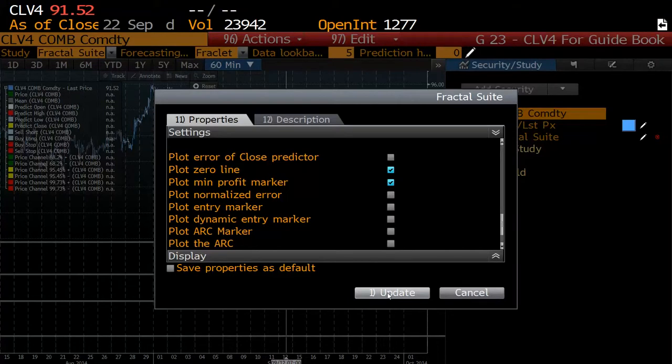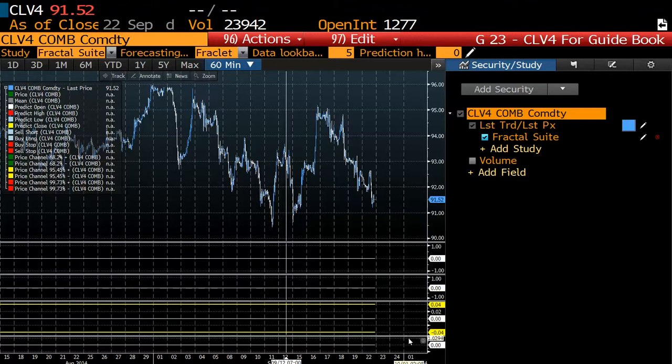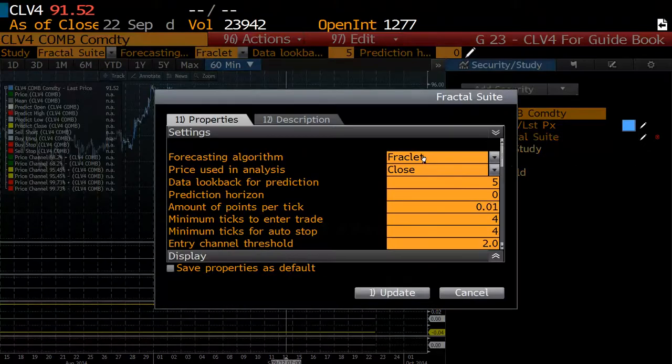Let's update. And here we see 0.04 positive, 0.04 negative, and 0. Why are these 0.04? Well, remember that every tick in crude is 0.01. So by going back to our settings window, we can see 0.01 is the amount of points per tick.